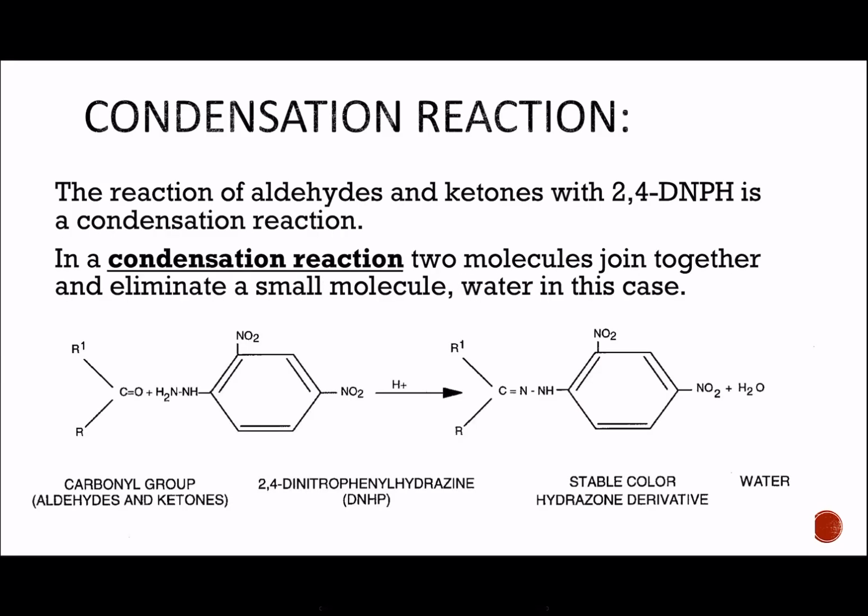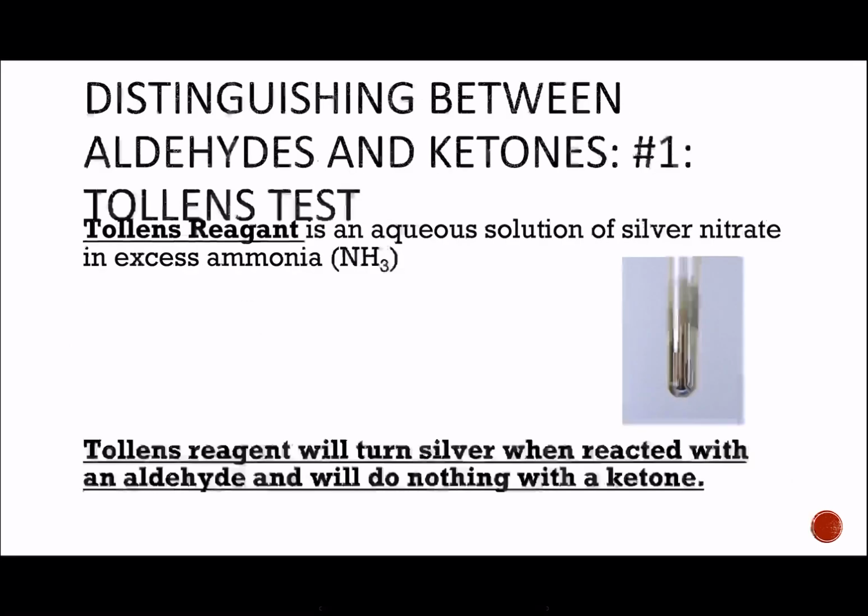So this is going back to 2,4-DNPH. Let's say you have an aldehyde. Aldehyde itself is a clear liquid, and you have it in a test tube. You can add AgNO3 and ammonia. Sounds familiar.